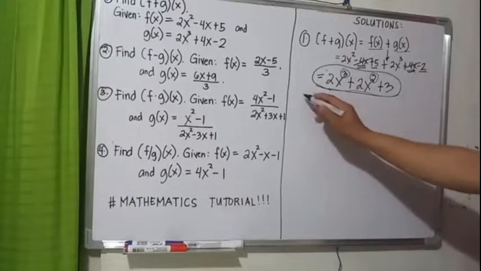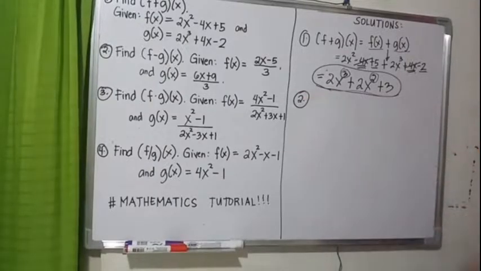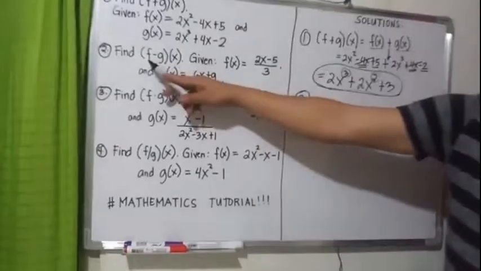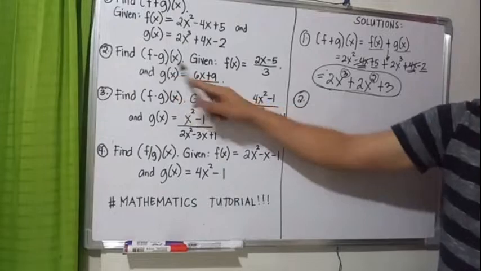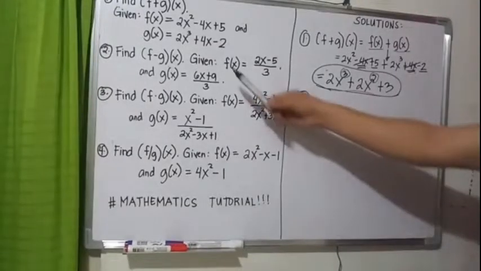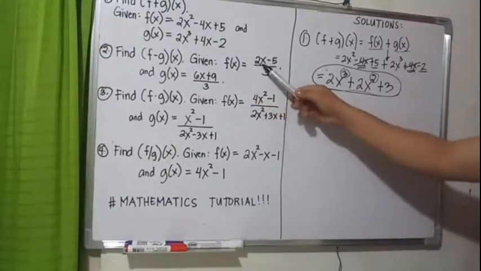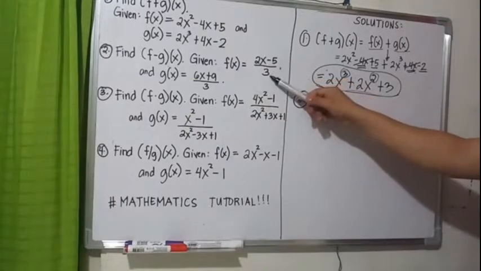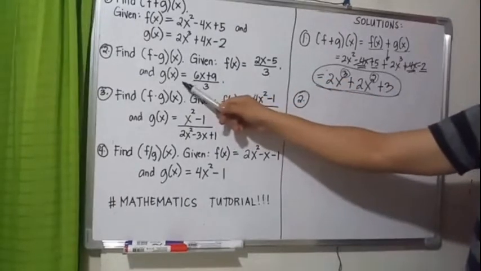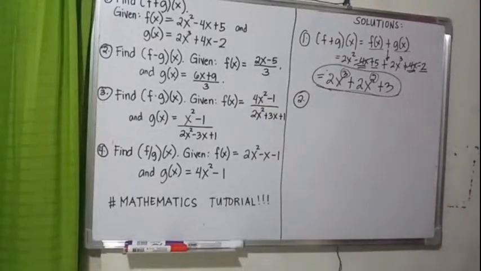Okay, example number 2. Ito, example number 2 natin. So find the quantity of f minus g times x given. So f of x natin is 2x minus 5 over 3 and g of x equals 6x plus 9 over 4.